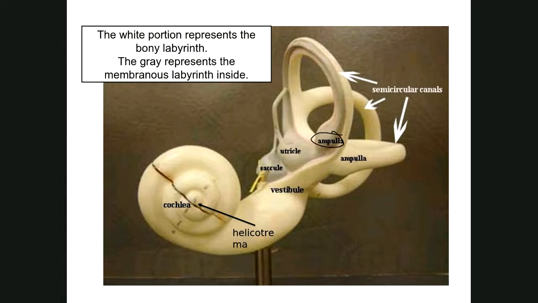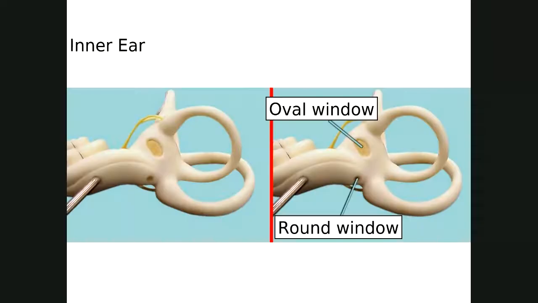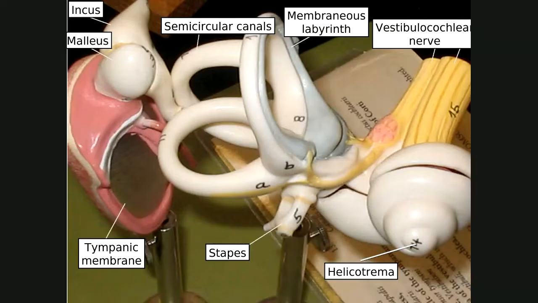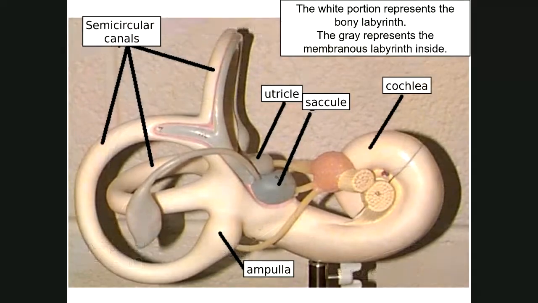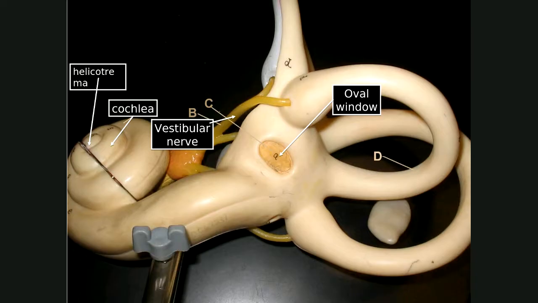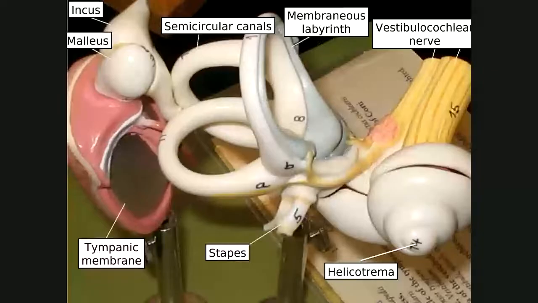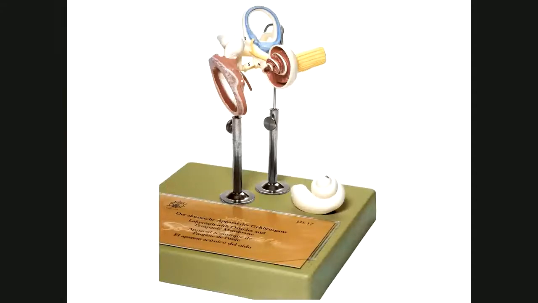Here's an ampulla. And I can't see the other one, but there's another one as well. So if we go back to another picture, there's the ampulla right there. If we go back to another picture, there's the ampulla right there. There's the ampulla. There's one on all three of these semicircular canals. Any questions?